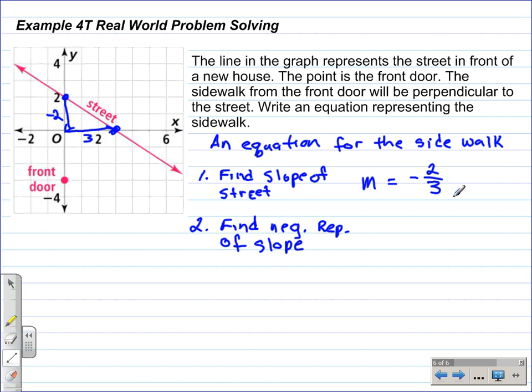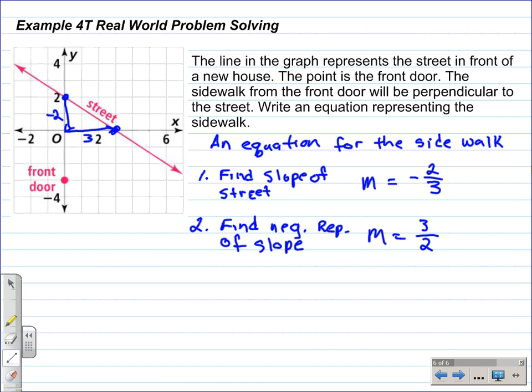The negative of a negative is a positive, and the reciprocal of 2/3 is 3/2. So the slope we're going to use is 3/2.